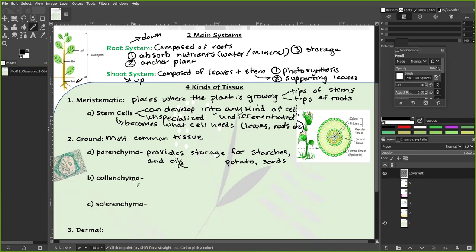The second kind of tissue is called collenchyma. And this has thicker cell walls. And it's just below the surface, just below the outer covering.